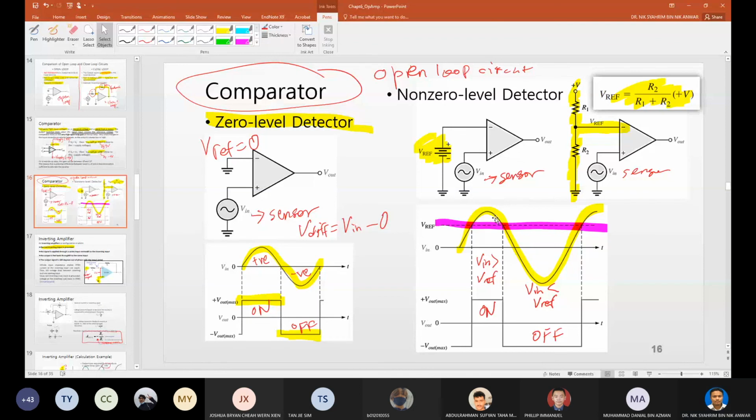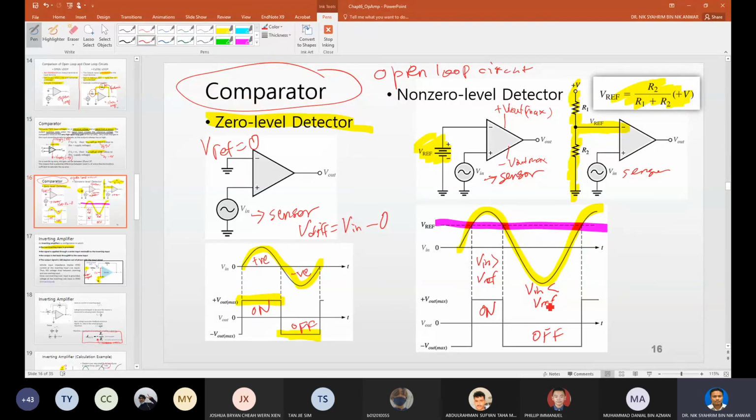If your yellow is bigger than purple, which means positive, you will hit the positive V out. So this is V out max positive, and this is negative V out max, when the yellow is lower than the purple one.